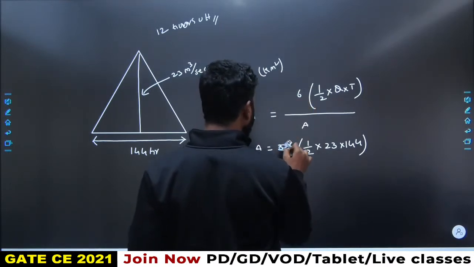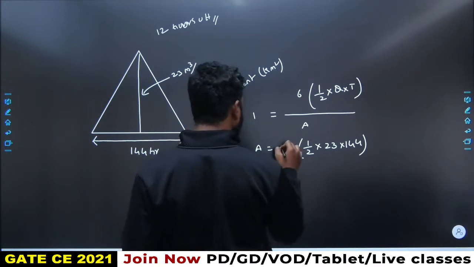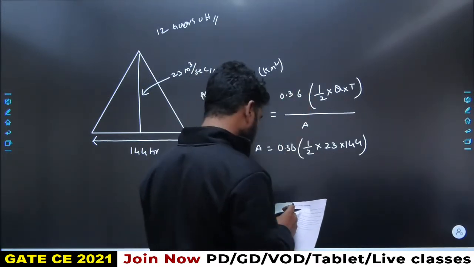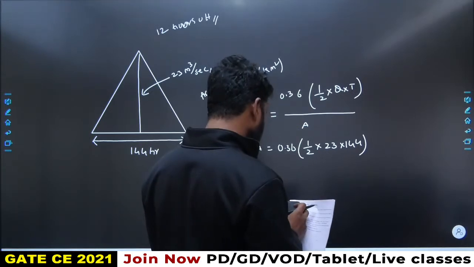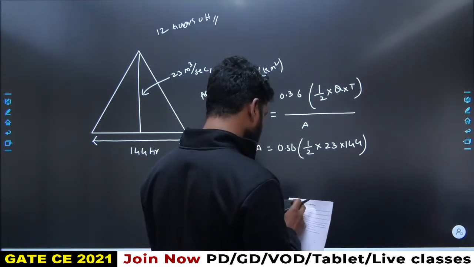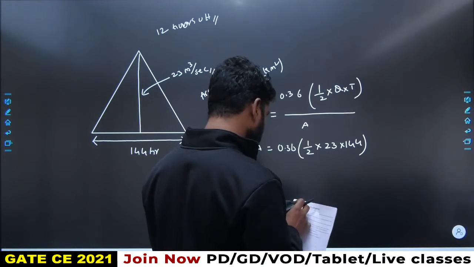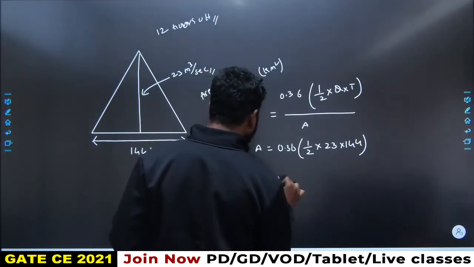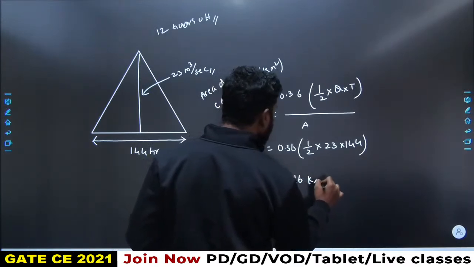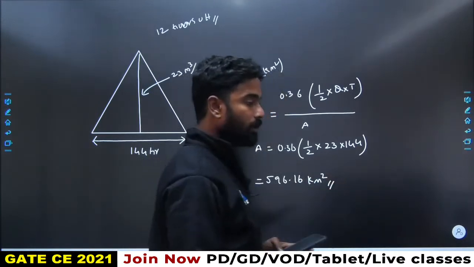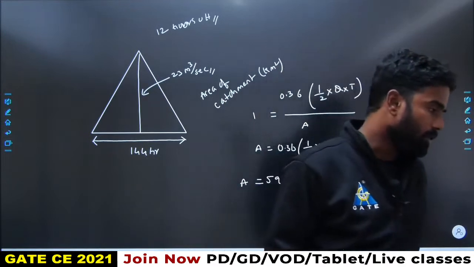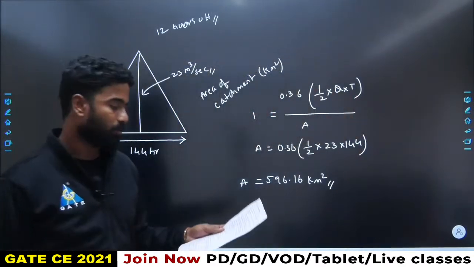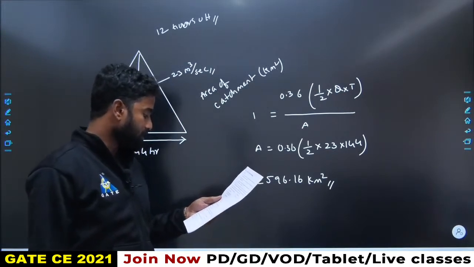So 0.36 multiplied with 23 multiplied with 144 divided by 2. So area is equal to 596.16 kilometers square. So it is a very basic problem, nothing special in this.